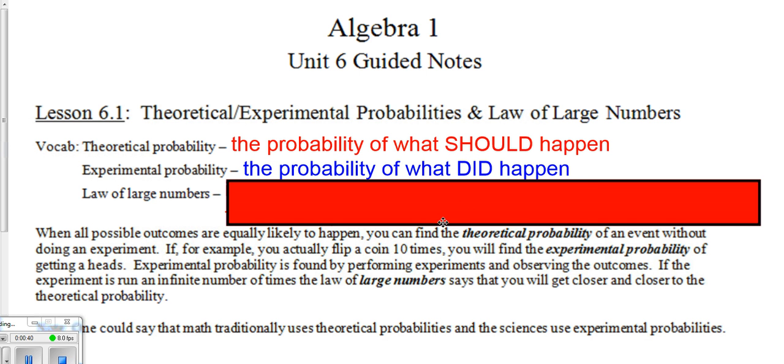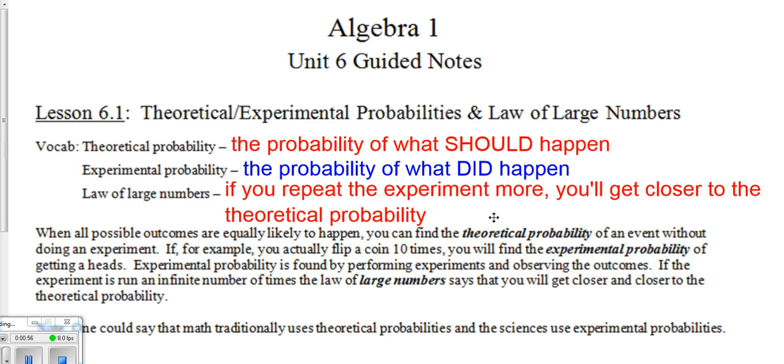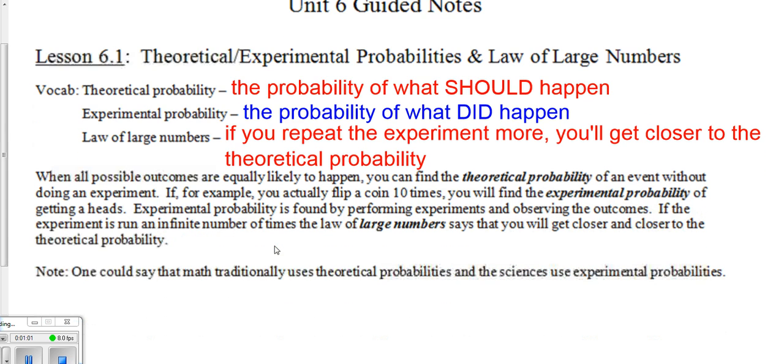So you ran an experiment and you found so many solutions to what did happen. That would be your experimental probability after you ran the experiment. The law of large numbers then states that if you repeat the experiment more and more, you'll get closer to the theoretical probability.